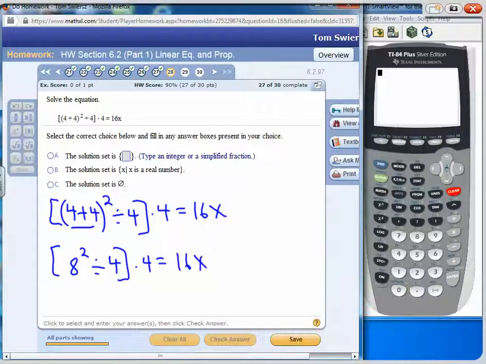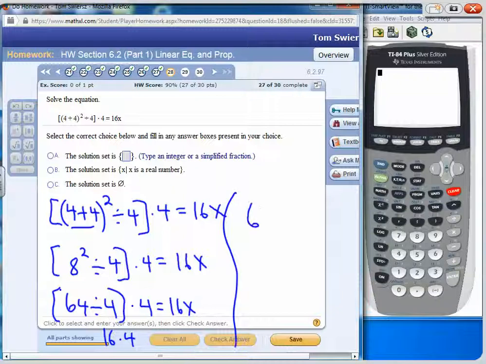So 8 squared is 64. Divided by 4, again, you can use your calculator, 64 divided by 4 is 16, times 4 is 64. So we end up with 64 on the left side equals 16x.